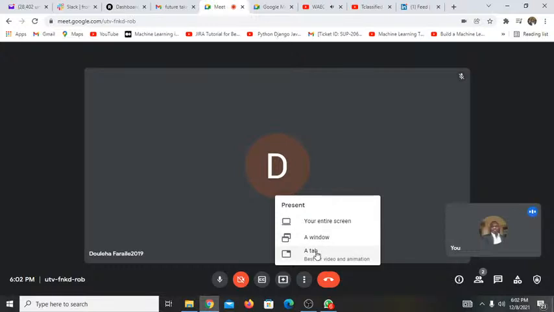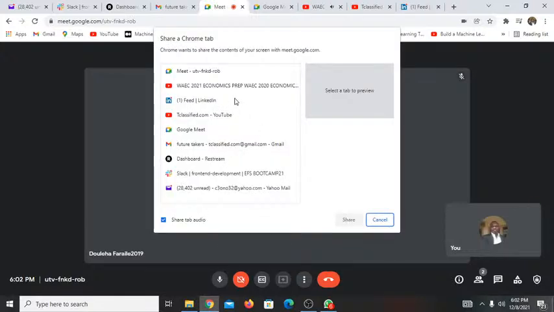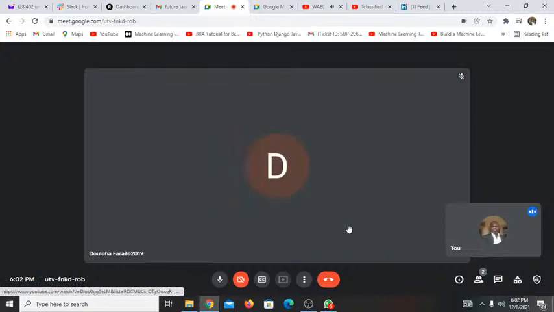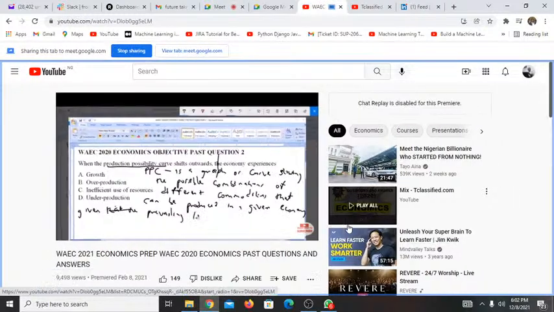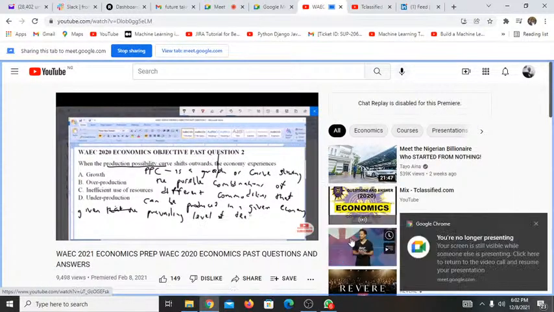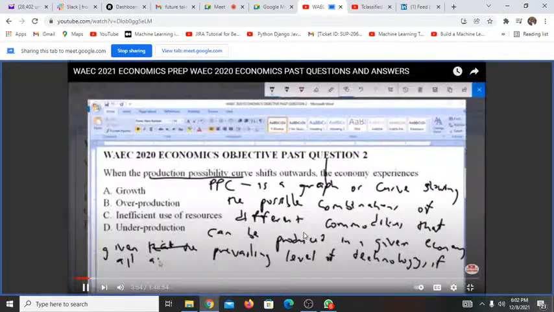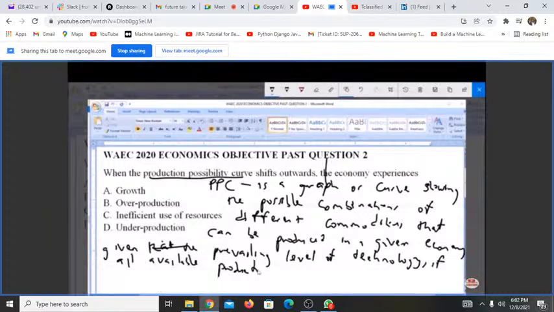Now, there's a condition: given the prevailing level of technology, if all available productive resources are efficiently utilized.